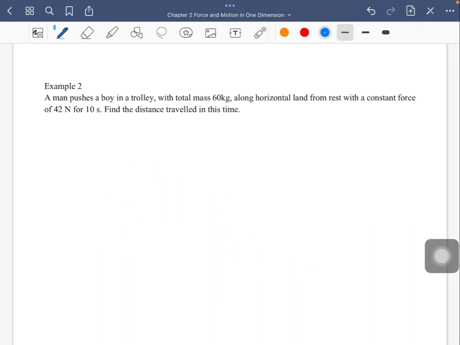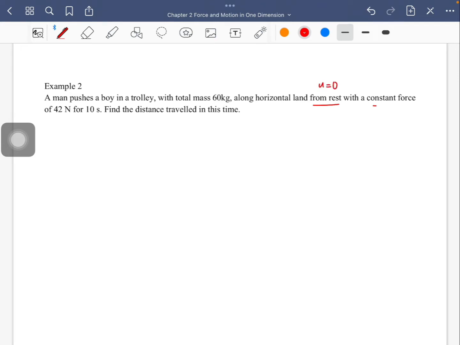For example 2, we have a man pushing a boy in a trolley with a total mass of 60 kilogram along a horizontal line from rest with a constant force of 42 Newton for 10 seconds. Find the distance traveled in this time. As you read this question, initially it is pushed from rest, which means our initial velocity is 0.